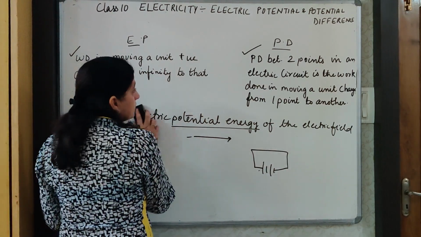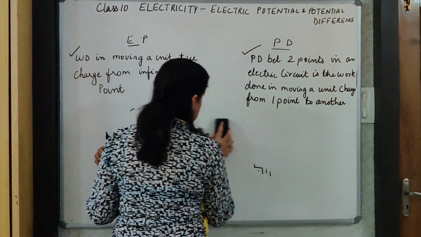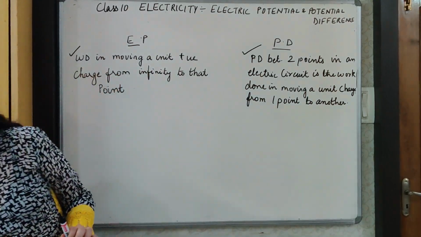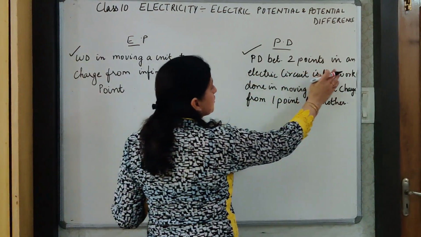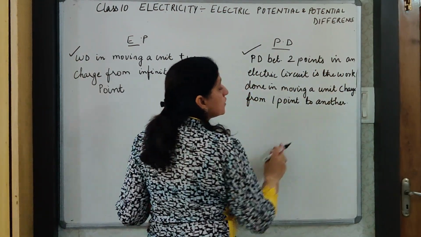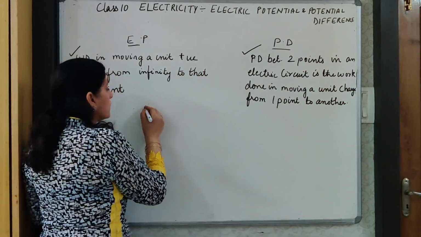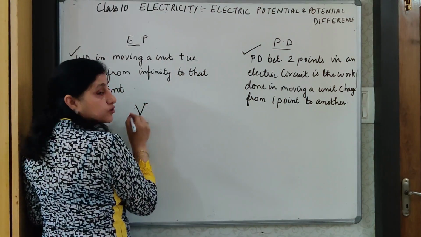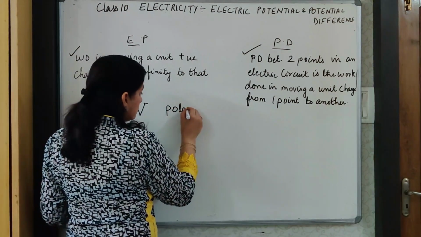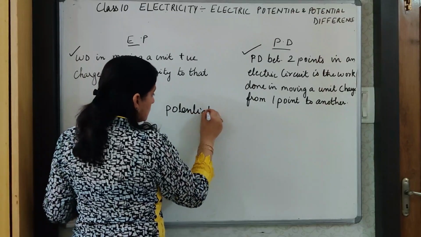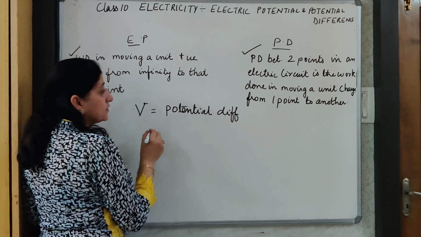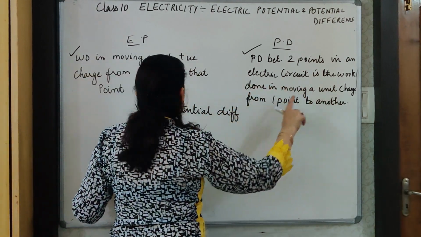Now we will define potential difference with the help of a formula also. It is saying potential difference between 2 points in an electric circuit is the work done in moving a unit positive charge. So the symbol used for electric potential difference is V. Then it is saying it is the work done.